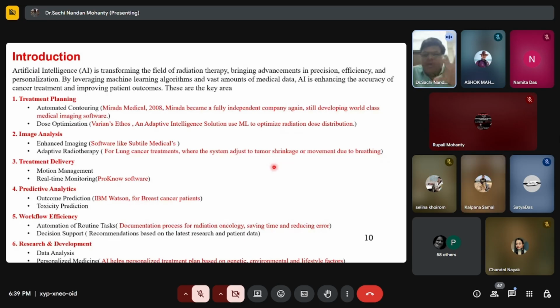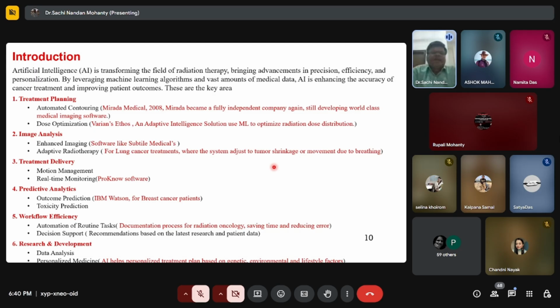So only the cancer tissues will be destroyed, and the immunity power of the non-cancer tissues increases. Recently the company Sun Pharma has the patent for that immunotherapy, but immunotherapy is much more costly as compared to the other therapies.